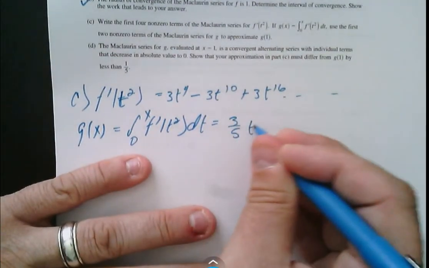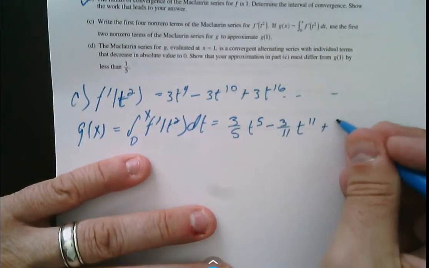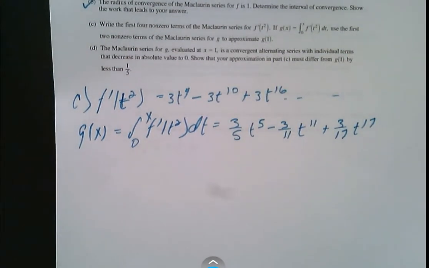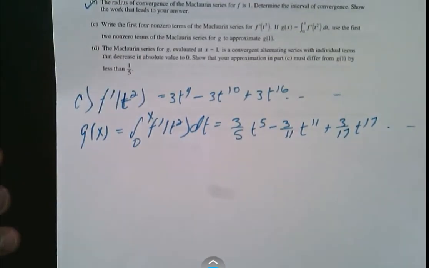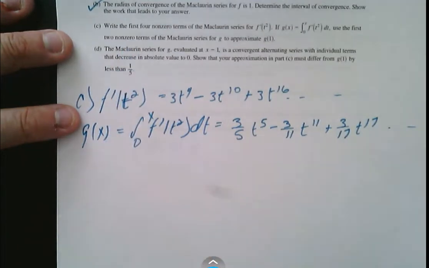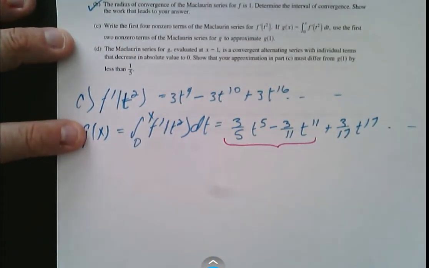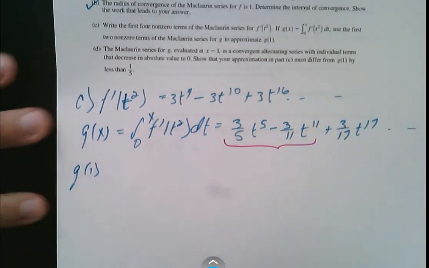You're going to get 3/5 t to the 5th minus 3/11 t to the 11th plus 3/17 t to the 17th power, and so on. It says use the first two non-zero terms, that's these, to approximate g of 1.